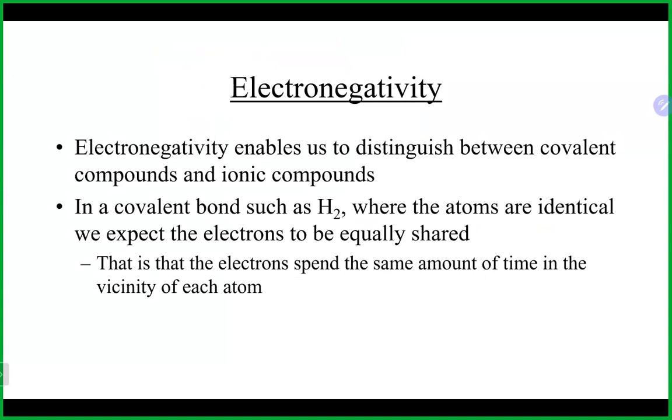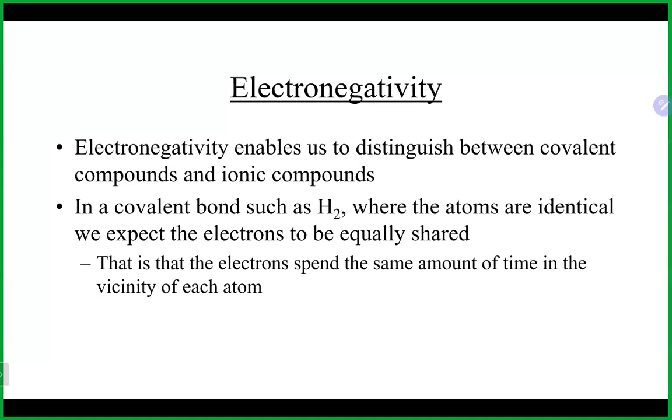As I talked about before, when we're talking about covalent bonding, usually we use electronegativity to help us decide what type of covalent bonding we're having. Is the sharing equal? Or is the sharing of electrons unequal? And electronegativity really helps us determine that.